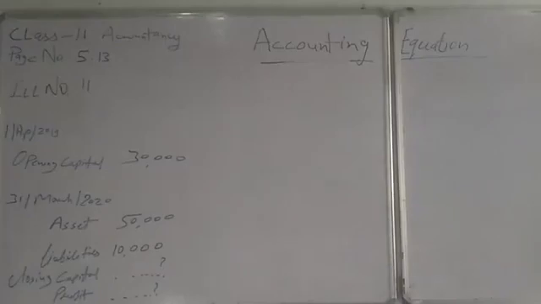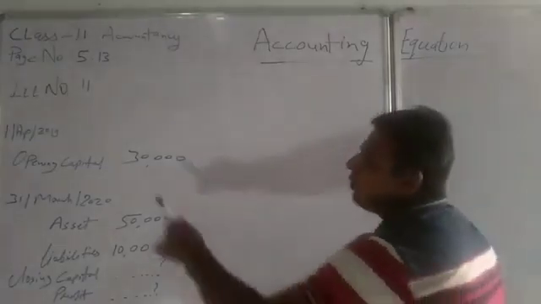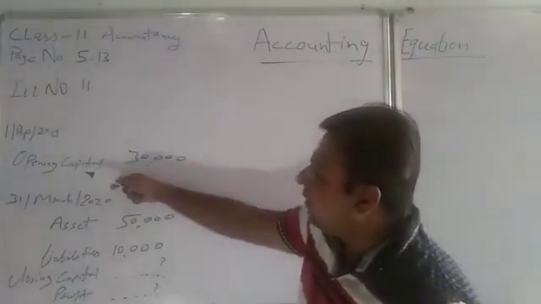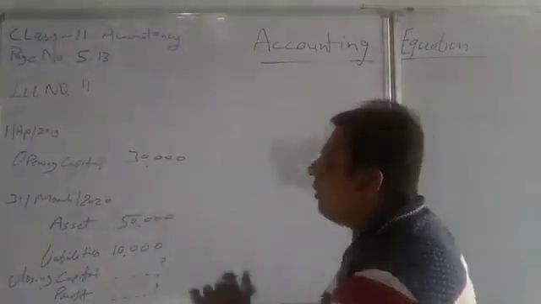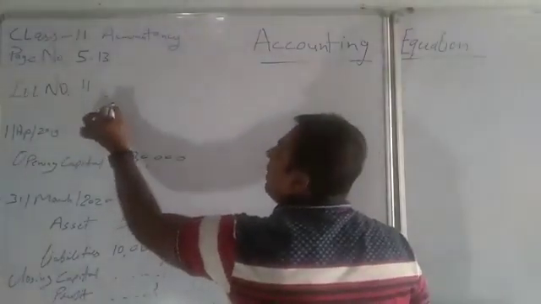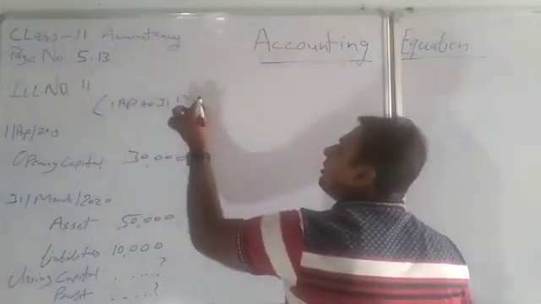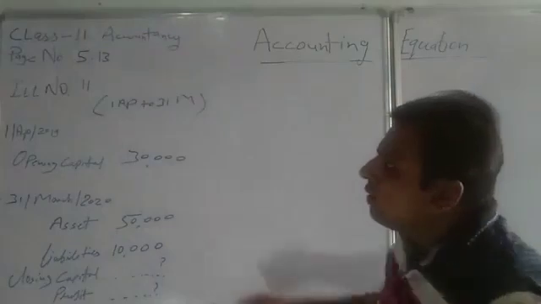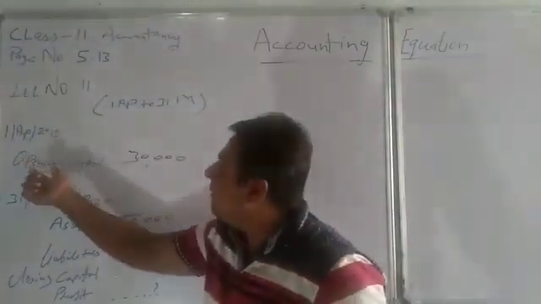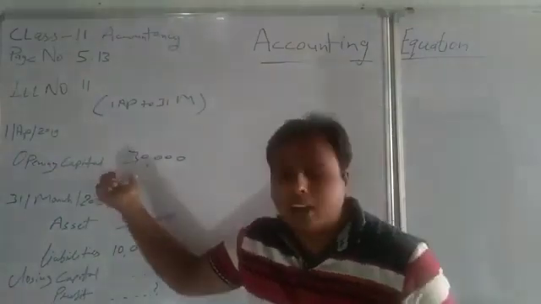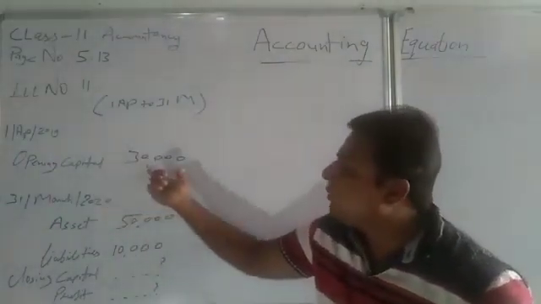Okay. Moving to illustration number 11. The question is given to us. Opening capital. As you all know, remember every accounting period starts from 1 April to 31st March. So on 1 April, at the time of starting the business, how much was the opening capital? 30,000.